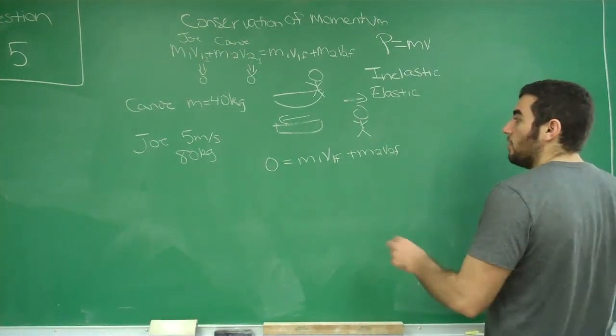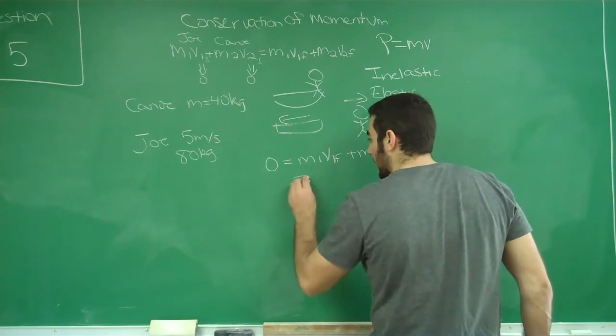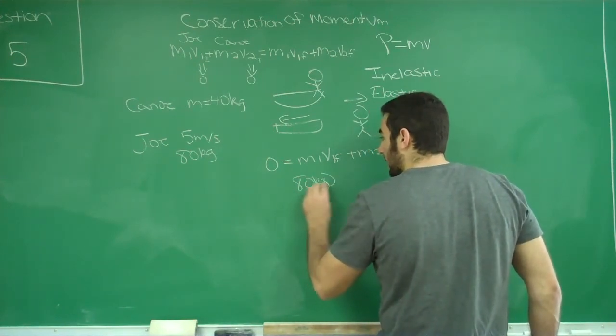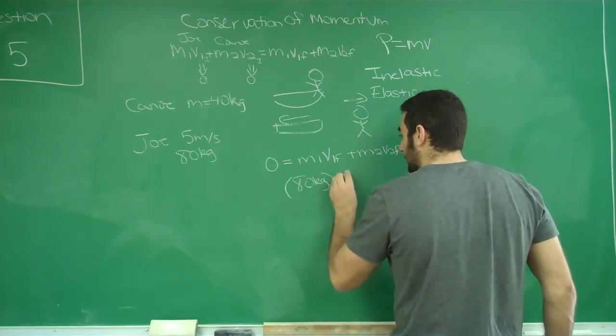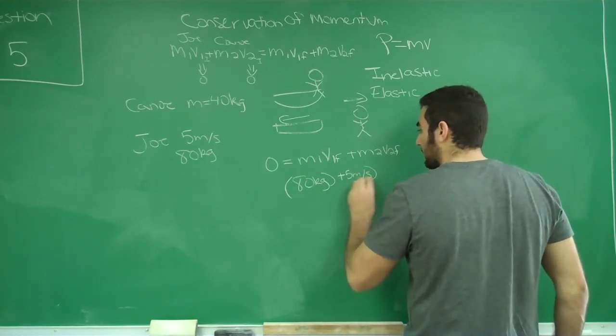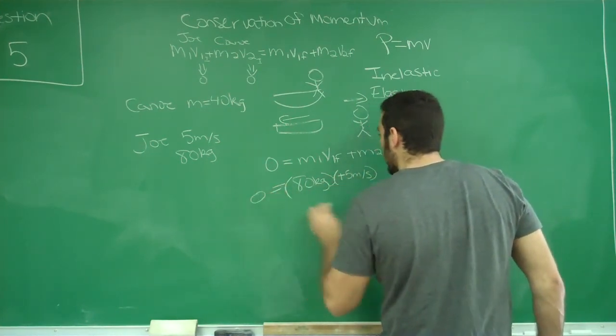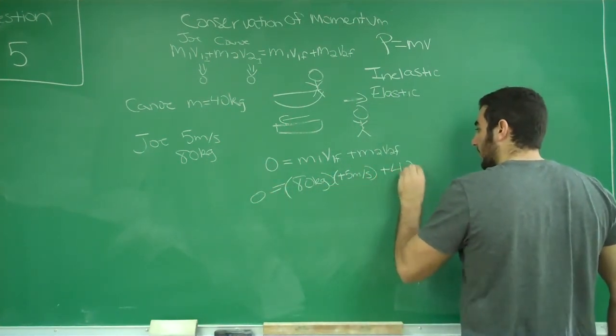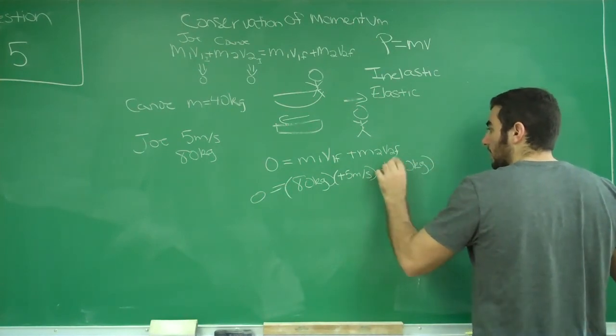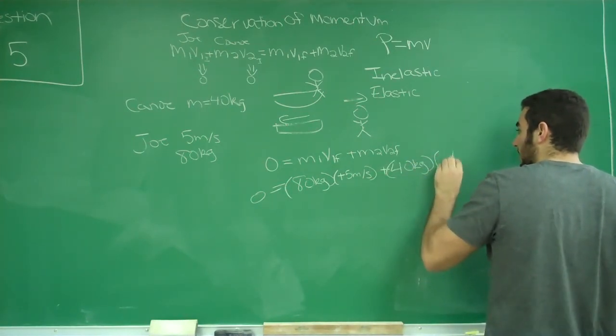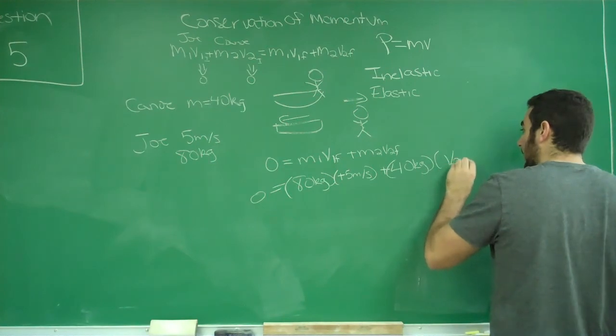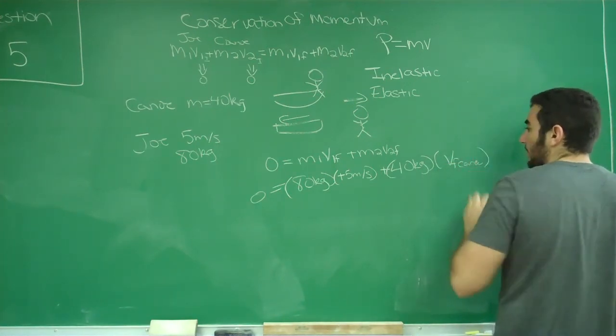So, if Joe is mass 1, and he weighs 80 kilograms, and he jumps to the right at positive 5 meters per second, and the canoe weighs 40 kilograms, then we can find the final velocity of the canoe.